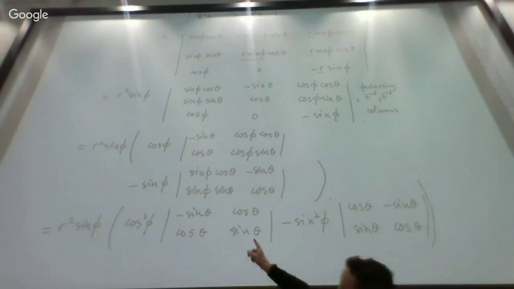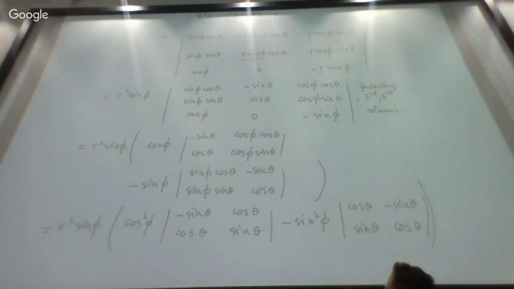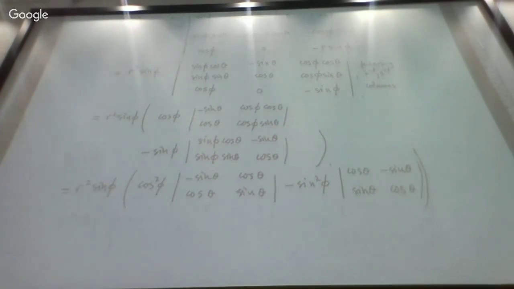That's interesting. This is nice. It's kind of cosine squared minus sine squared. But when you expand out both of those 2x2 determinants, you're going to get minus 1 from this determinant, because you get minus sine squared theta minus cosine squared theta. And from this determinant, you're going to get plus 1 when you expand that out.